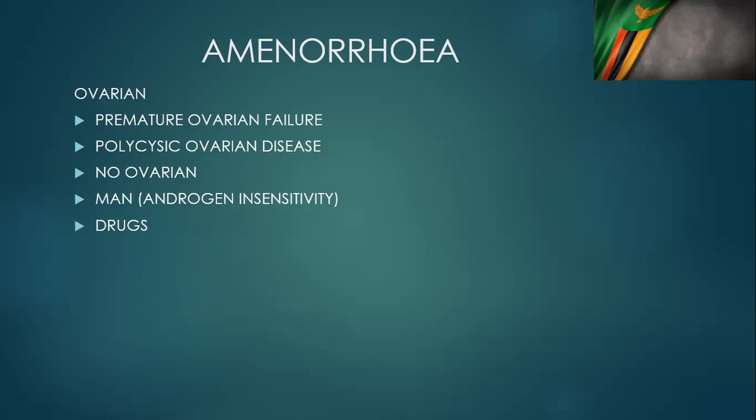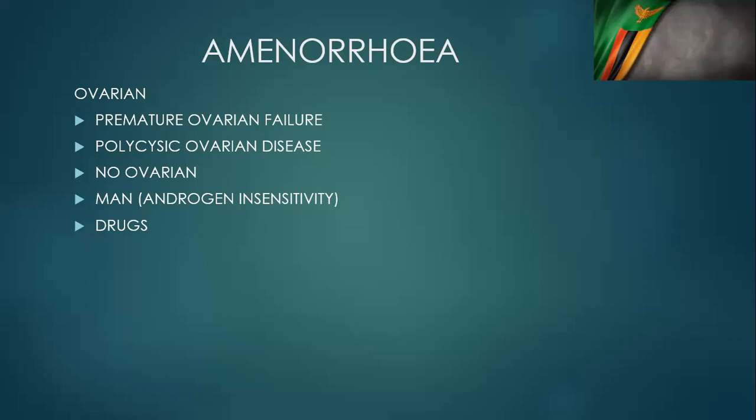Then you might have a problem in the ovary itself. So these are like primary ovarian pathologies. You might have premature ovarian failure, you might have polycystic ovarian disease, and you might have someone with no ovaries at all. Sometimes drugs, methotrexate, a lot of cancer drugs end up destroying the ovary.